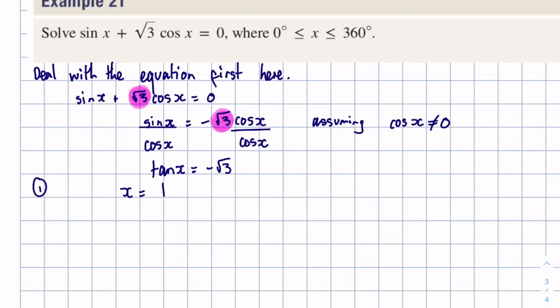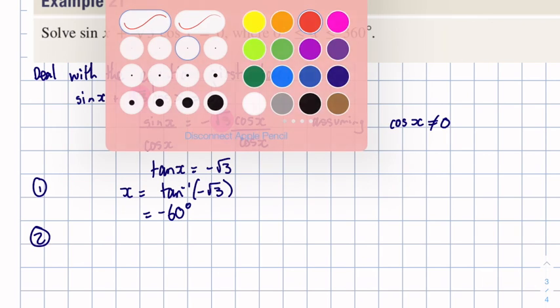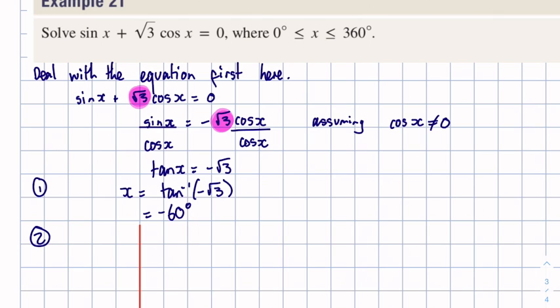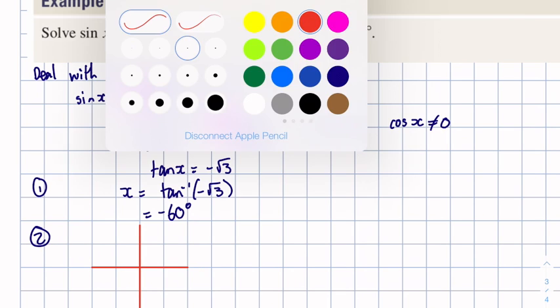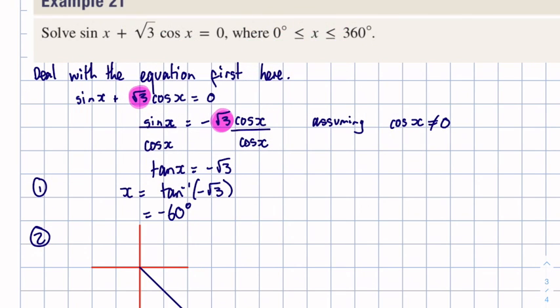x equals arctan negative root 3, which is negative 60 degrees. Number 2, draw it in your diagram. Negative 60 is going down 60. So it's 300.